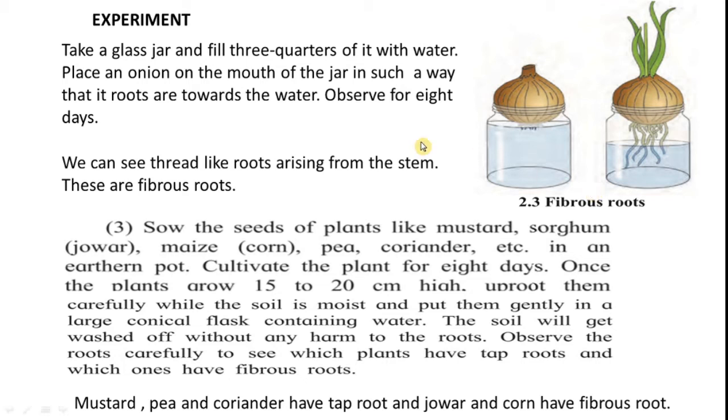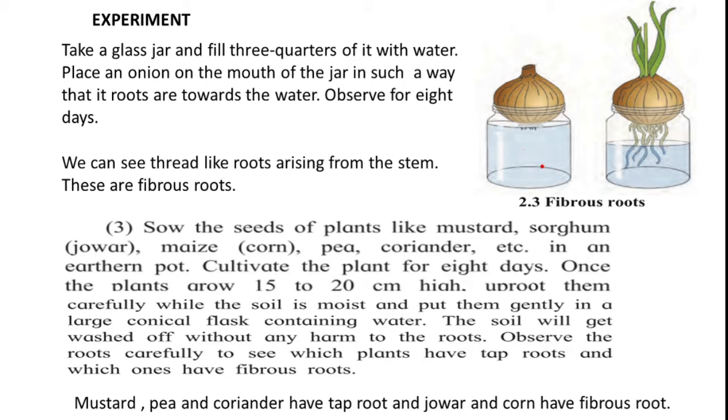So the next is an experiment. Take a glass jar as shown in the picture and fill 3/4 of it with water. Place an onion on the mouth of the jar in such a way that its roots are towards the water.